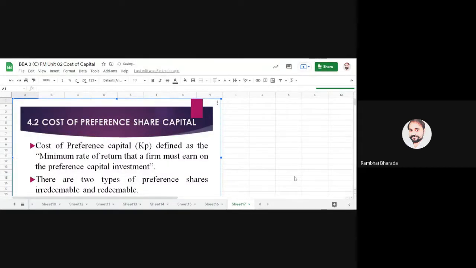Shortly it is known as KP. Maybe the question is asked in an MCQ or 1 mark question: what is the full form of KP, or what does KE stand for? So you need to remember KP stands for cost of preference capital.